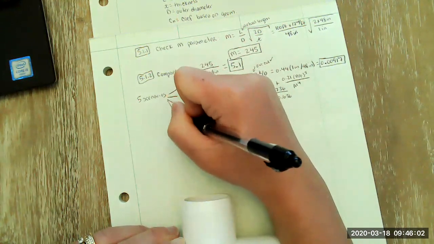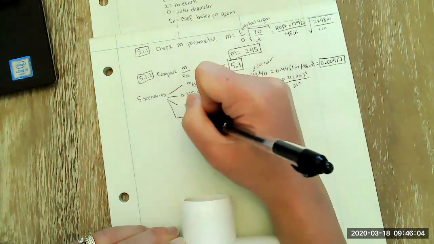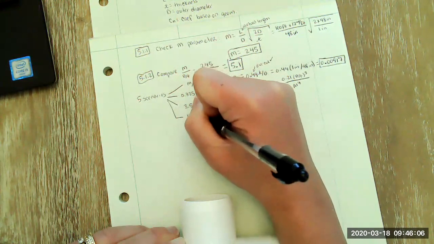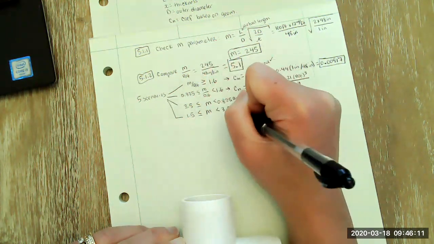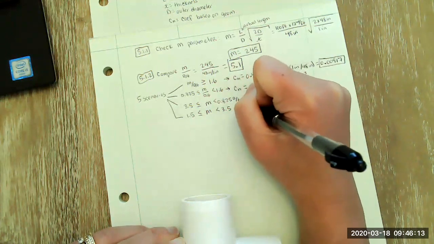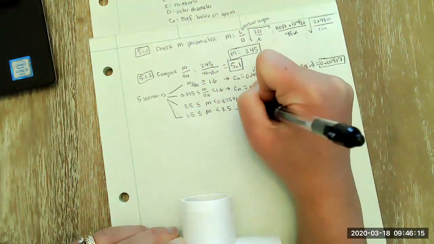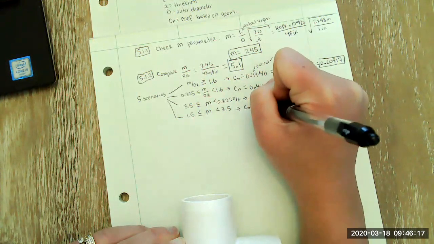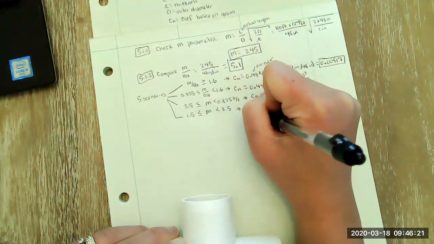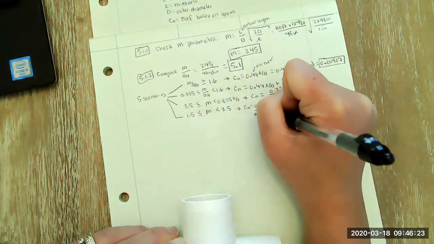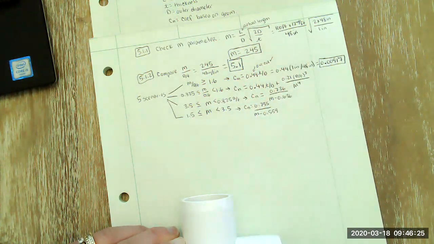Case 4 is if 1.5 is less than or equal to m is less than 3.5. I have c sub h is equal to 0.755 divided by m minus 0.559.